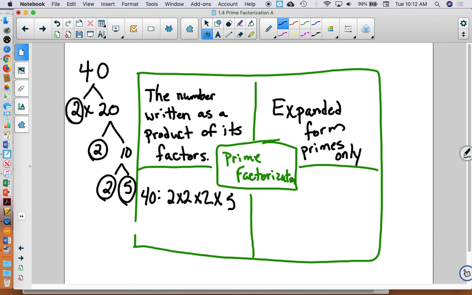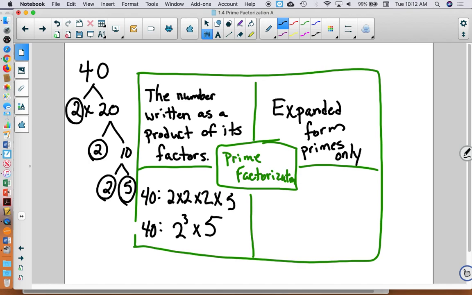I could also write that this way. 2 cubed, 2 to the 3rd power, times 5. Okay?